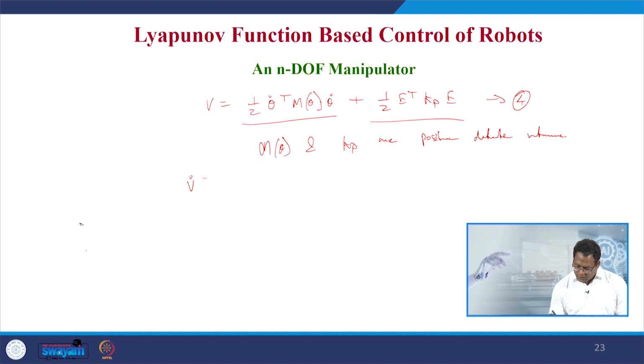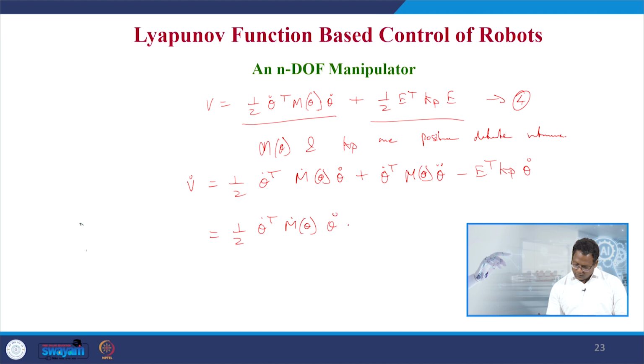Now, differentiating the Lyapunov function candidate gives V dot equal to 1 by 2 theta dot transpose M dot of theta into theta dot plus theta dot transpose M of theta into theta double dot minus E transpose Kp into theta dot, which is again simplified into 1 by 2 theta dot transpose M dot of theta into theta dot minus theta dot transpose Kd into theta dot minus theta dot transpose C of theta comma theta dot into theta dot.